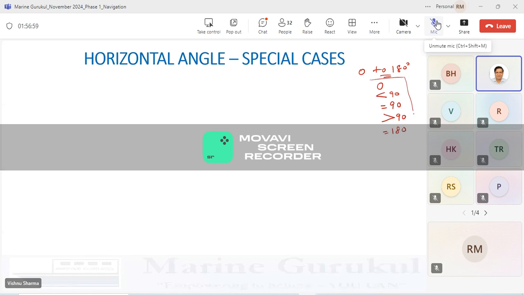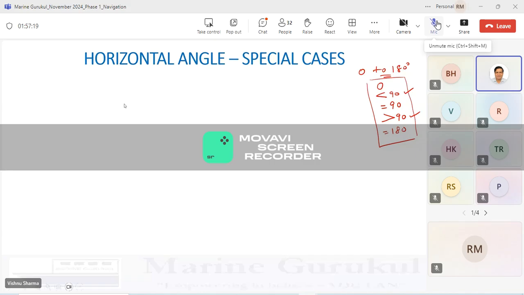These are the possibilities. Out of these, the two we have discussed are when it is less than 90 and when it is greater than 90. Three others are still pending. We'll go to horizontal angle equal to 90.